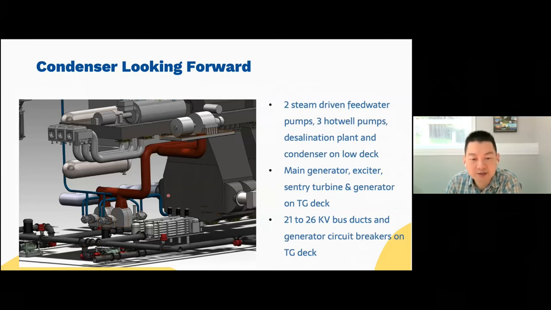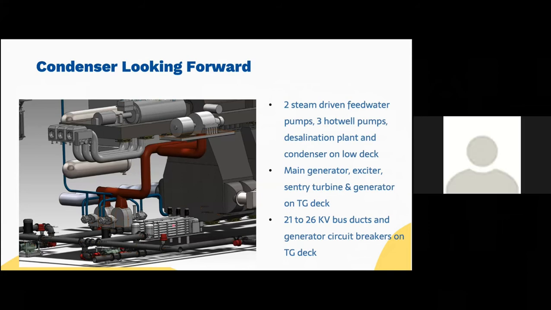So here is a closer look at the feed water pumps. These 2 are the feed water pumps of the steam cycle. It's powered by the steam. Actually, here's a turbine, here's a pump. And then you have 3 hot well pumps. So all together, they're pumping the water into the steam generator.